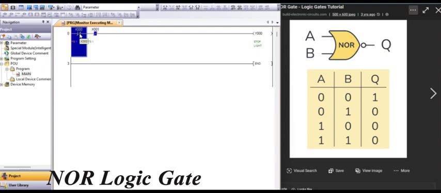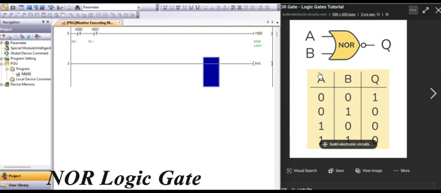If input A is 1 and input B is 1, the output is still not energized. Based on the given NOR logic gate truth table, it can be concluded that NOR gate produces the output of 1 when all inputs are 0.